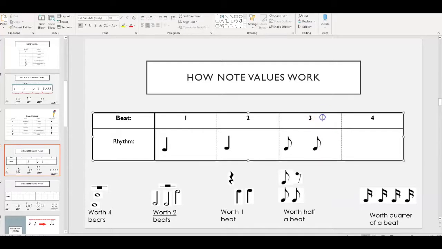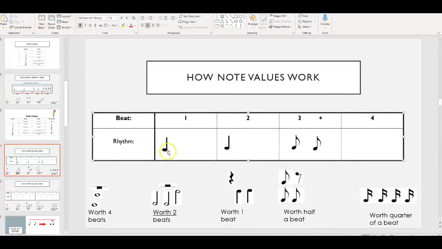Now, sometimes people put a little symbol just to help them count it, and we'll usually say 1, 2, 3, and 4. Now, I could put an "and" symbol, but sometimes that's really hard to draw quickly. So in music, we just use a plus symbol, and it just means "and".